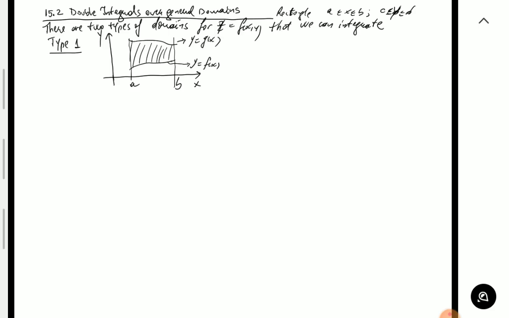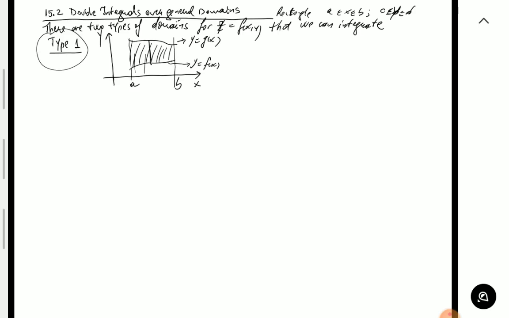So in order to understand what type of domain you need to have in order to be able to integrate, basically you should be able to slice your domain either with vertical lines, like it is the case in the type 1 domain, or horizontal lines, as you'll see in a minute in the type 2 domain. So mathematically, what does it mean to be able to slice it with vertical lines? Each slice should be basically described by the same bounding function.